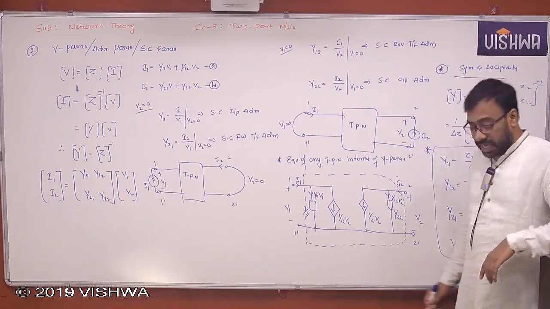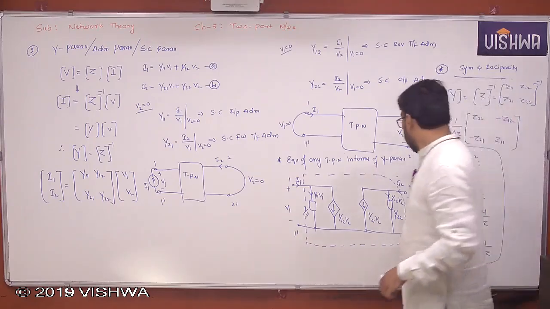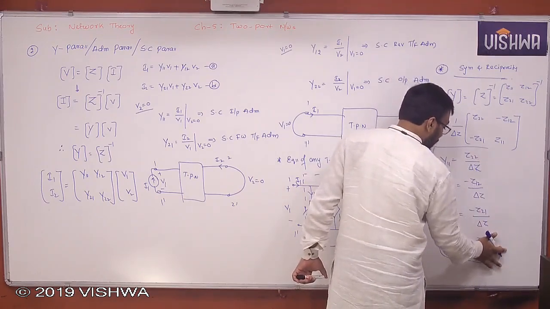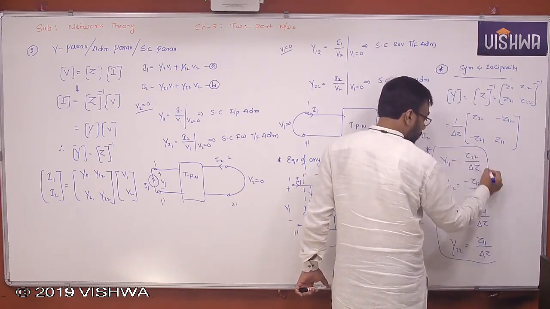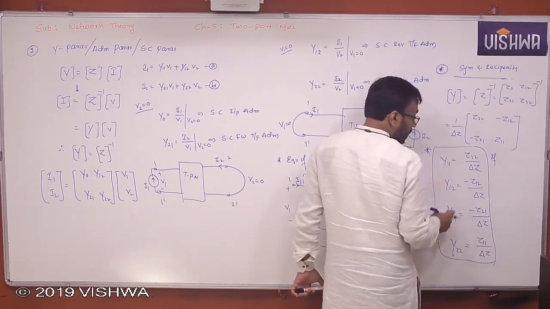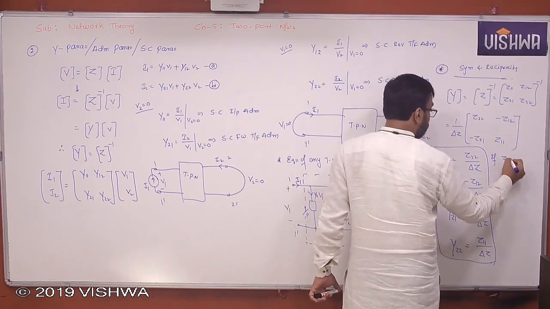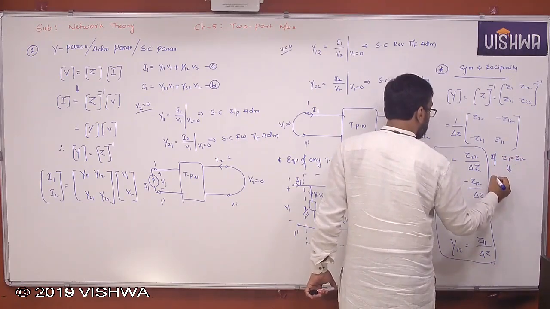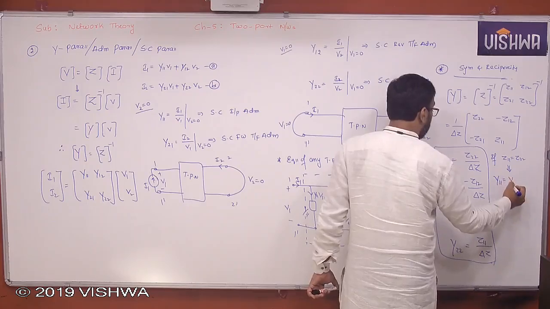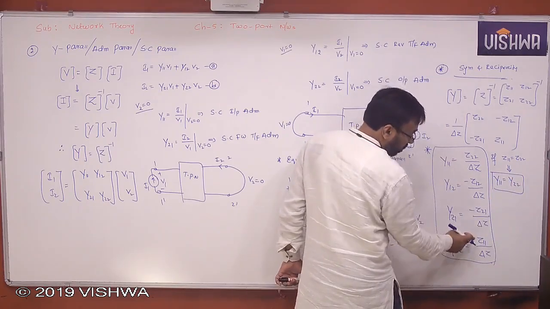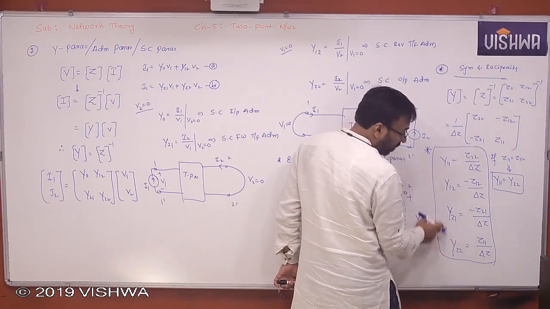Now if you apply the conditions from this: if Z11 is equal to Z22, it implies Y11 is equal to what? Y22. Just see here. If Z11 is equal to Z22, then Y11 is equal to Y22.